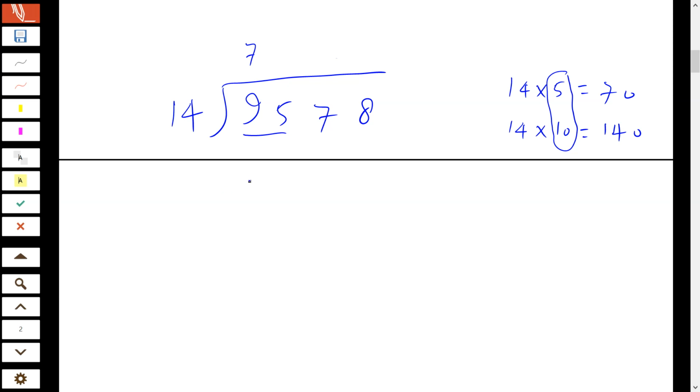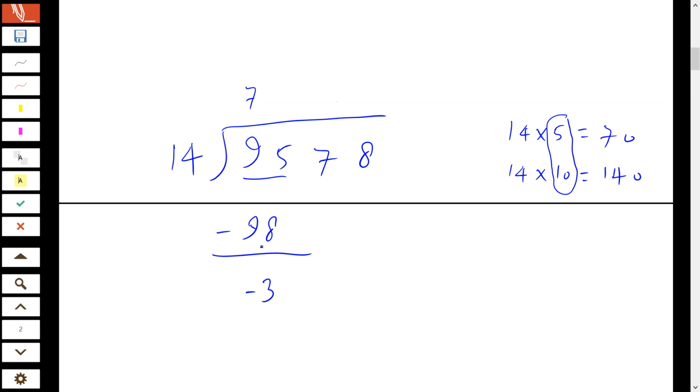So 7 times 14 is 98. And if I subtract 98 from 95, I will get -3. -3 is not acceptable.